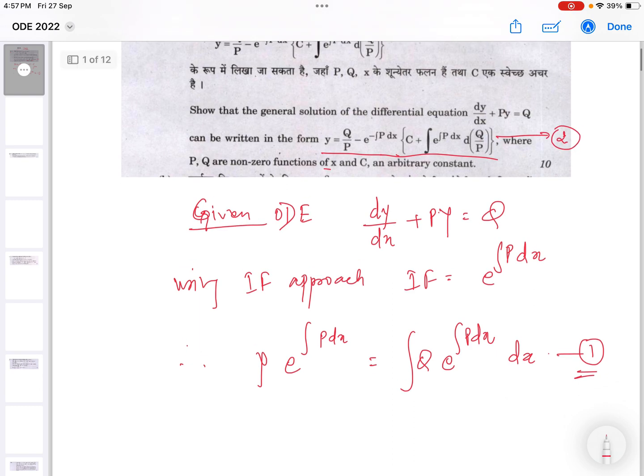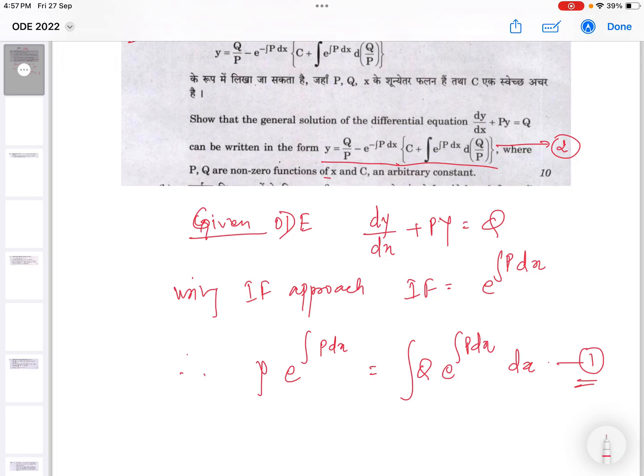If you observe equation 2, you will see various unusual terms like the differentiation of q by p. Unlike here, where it is the differentiation of x, here you will find the differentiation of q by p. So it shows that we have to do manipulation in order to get equation 2 from equation 1.